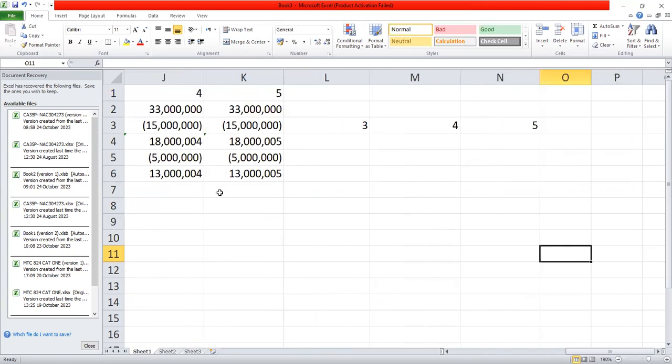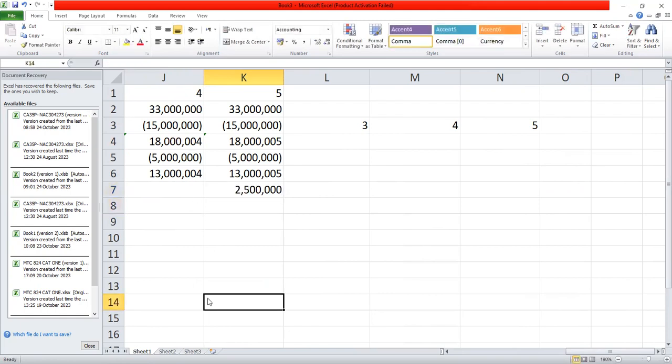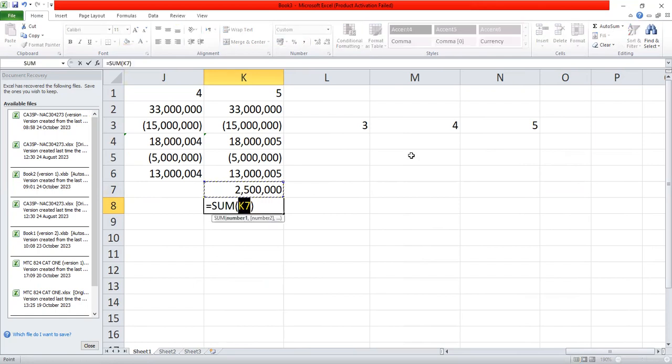Now you can see here, it's equal to 2,500,000, which we are going to add back. Let's have the auto sum. Sorry, I need to pick the 2, it comes to 15,500.